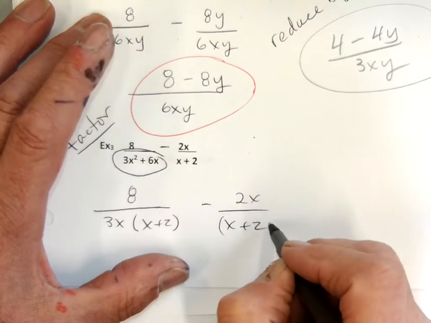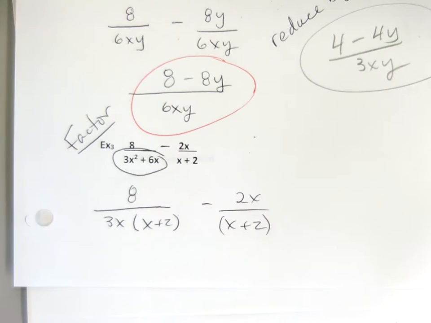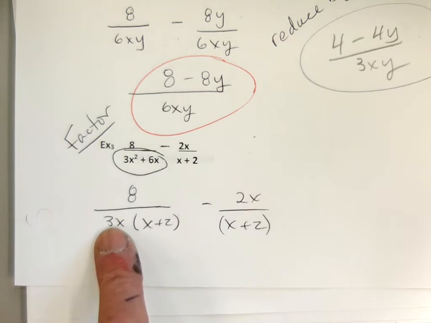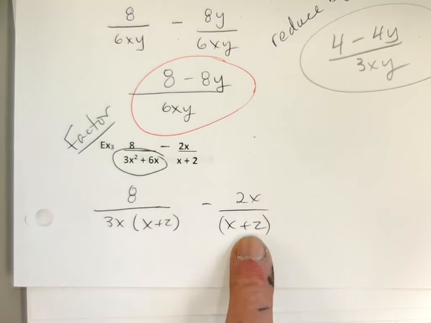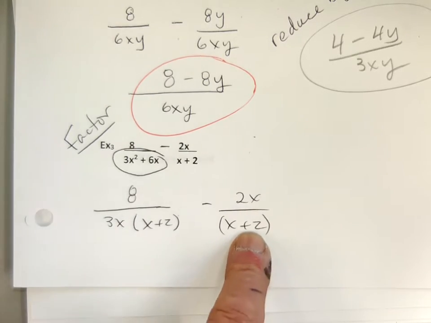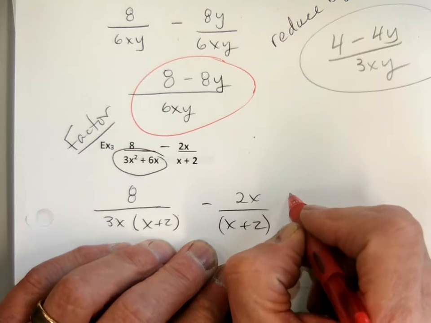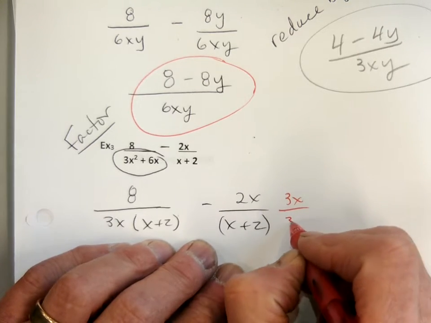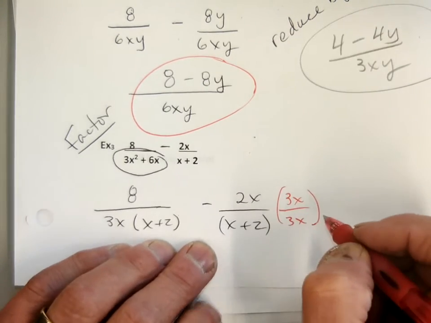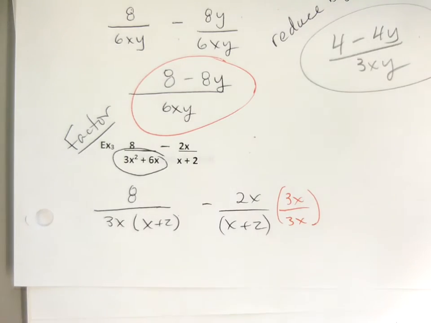I don't need parentheses, but if that helps you, I'll put them there, okay? So, what does the first fraction have that the second fraction doesn't? Yeah, it has a 3x. So I'm going to give it a 3x over 3x. And now they both have the same denominator.